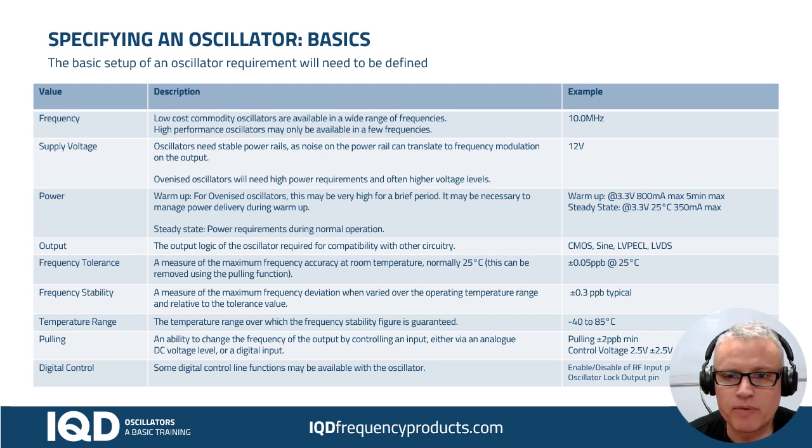And then finally for this slide, we're going to talk about digital control. So an oscillator is just going to run, make you a nice stable frequency, but you might want some control mechanism over that. And at the very basic level, that could be a digital control pin that when it's high, the oscillator is running, and when it's low, the oscillator stops, something like that.